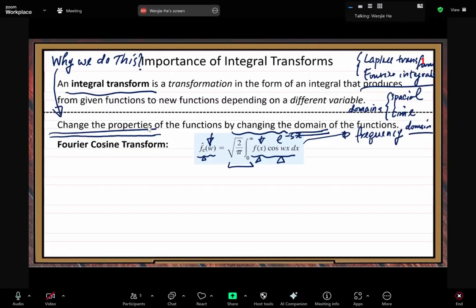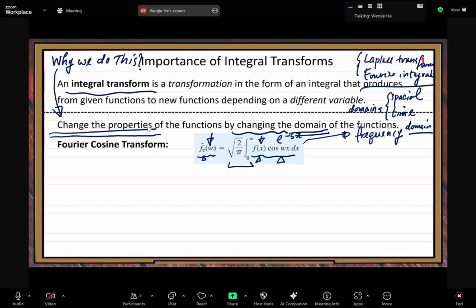So then, when you do data manipulation, this time you are working in the frequency domain. Then you can do a lot of different things. In other words, you can switch between the time domain and the frequency domain.